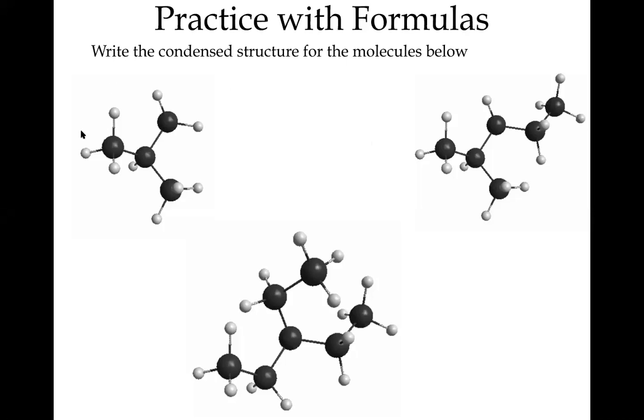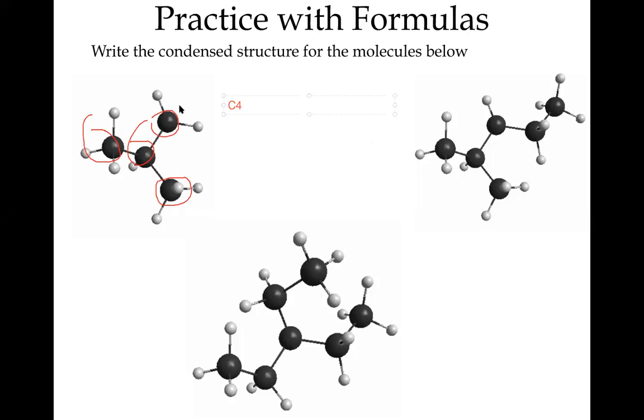So how many carbons do we have here? We have 1, 2, 3, 4. So that is what? C4. And then how many hydrogens? 1, 2, 3, 4, 5, 6, 7, 8, 9.